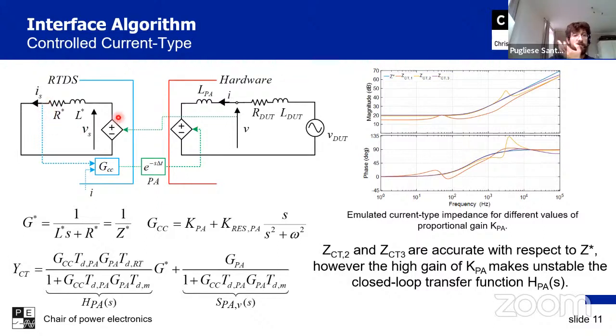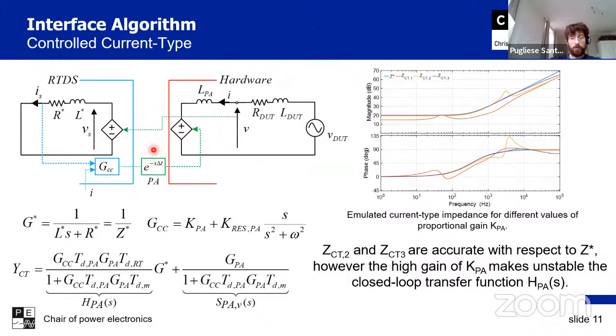I derive the current which should flow in the real-time simulation, and with the controller I compare this simulated current with the hardware current, because at the point of common coupling, in ideal conditions, the voltage in the hardware and in the real-time simulation, and equivalently the current, will be exactly the same. So what I do is exactly impose that the current should be the same, and I give this voltage reference to the power amplifier, closing the loop.